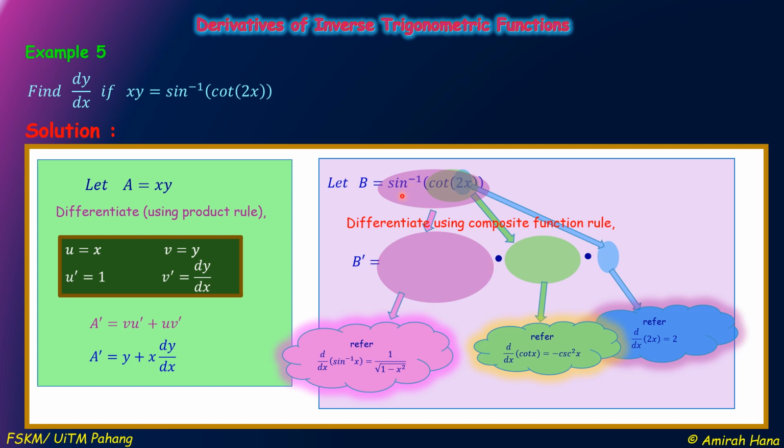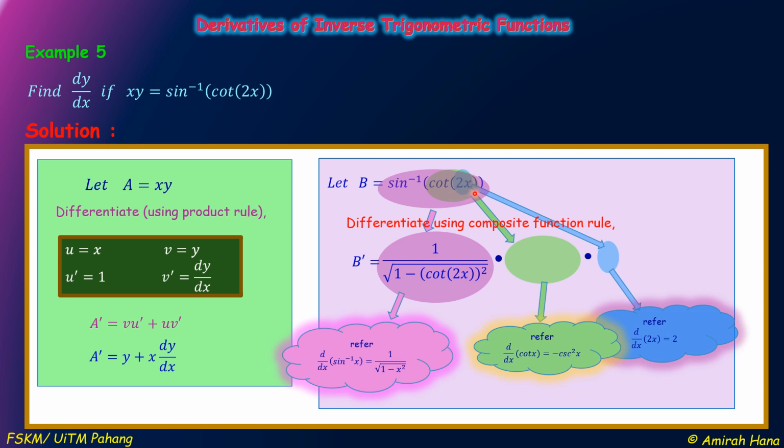When we differentiate inverse sine of any function, we refer to this formula and put it here. 1 we just copy, and over we copy the square root symbol, then 1 minus, we replace our x by cot 2x, squared. After that, we differentiate cot 2x.